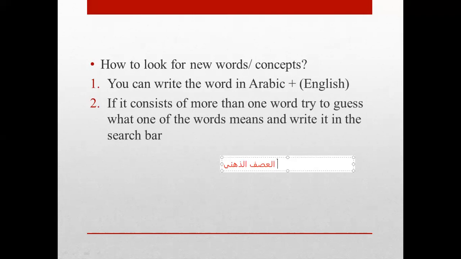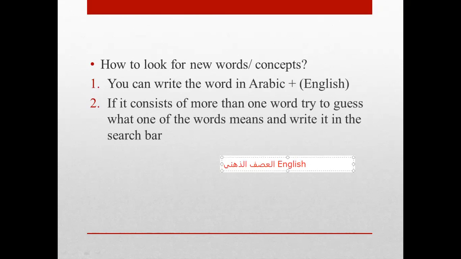In that case, I go to Google, to the search bar, and I say العصف الذهني and the word English. And then it provides me with any article that has العصف الذهني with the word English in that, or any of the English alphabets in that article.